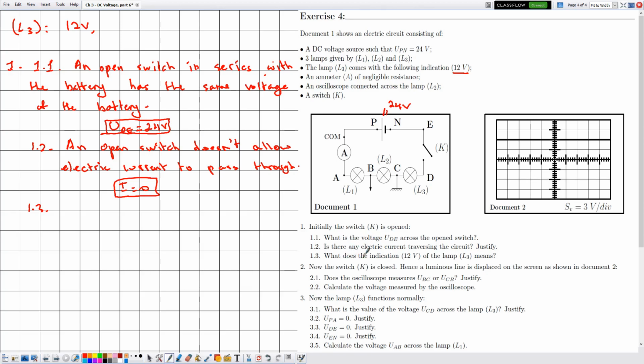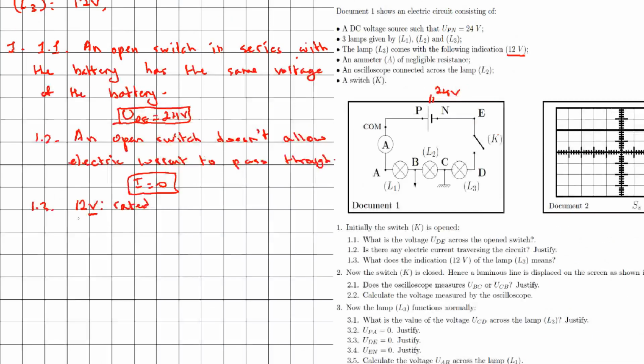Now in 1.3 they are telling me, what does the indication 12 volt of the lamp L3 mean? So 12 volt is the rated voltage because it has the unit of volts.